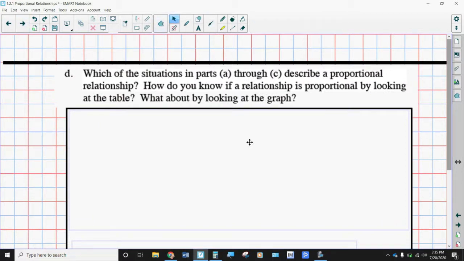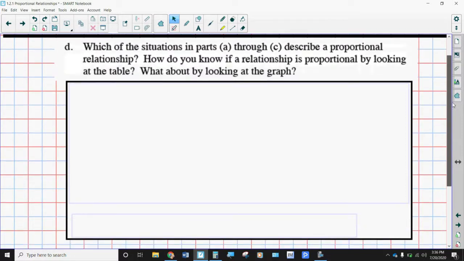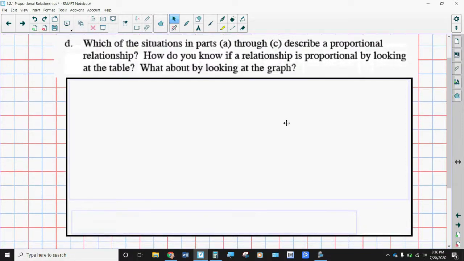So we've kind of answered this, but it's good to put your thoughts into a complete statement here. It says, which of the relationships in part A through C describe a proportional relationship, and how do you know? Looking at the table, looking at the graph, go ahead and write down what we've been talking about.